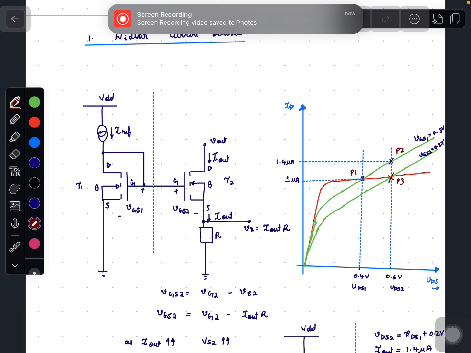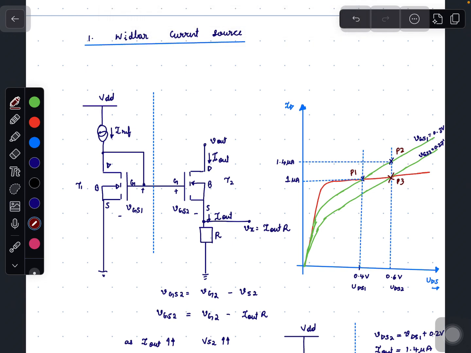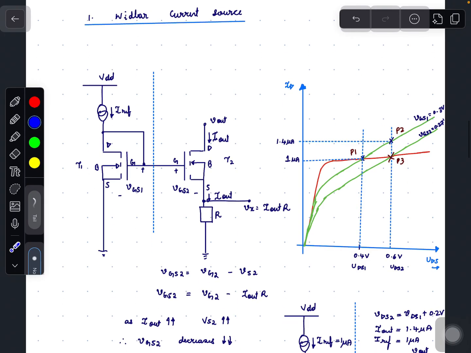Widlar current source consists of a current mirror, but a resistor R is placed at the source of T2. Here the gate to source voltage of T1 is fixed and it is decided by Iref current.